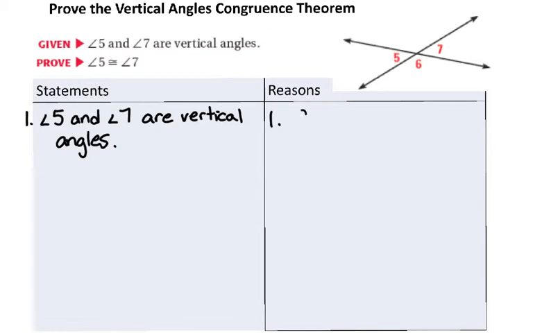Okay. Part 2, we can state that angle 5 and angle 6 are linear pairs, and also angle 6 and angle 7 are linear pairs. And this is going to help us in figuring out that vertical angles are congruent.